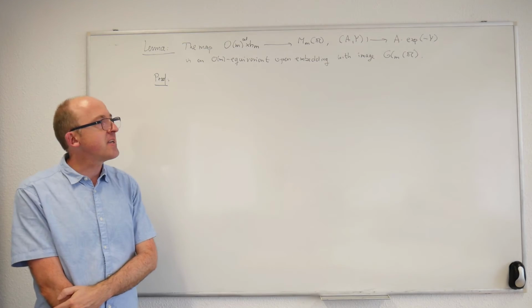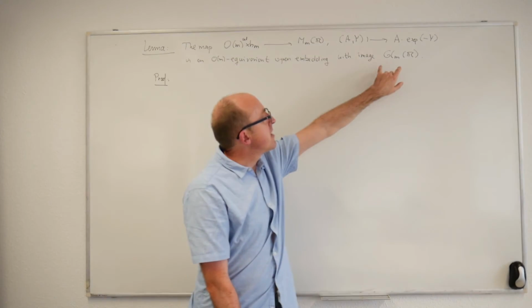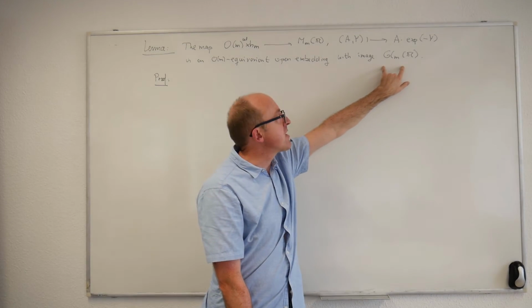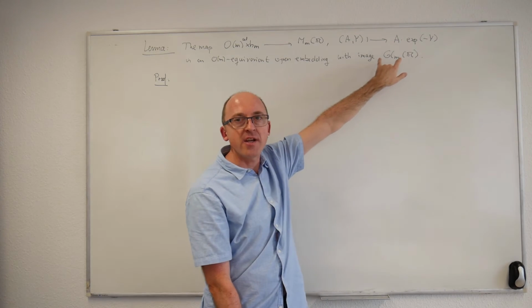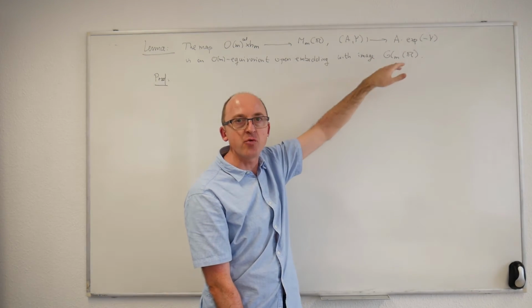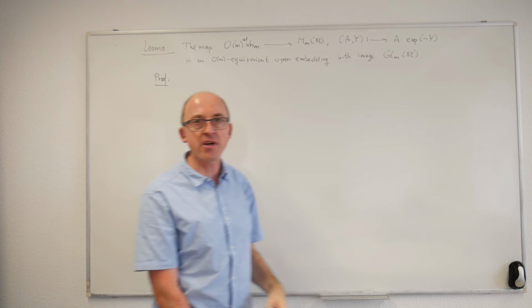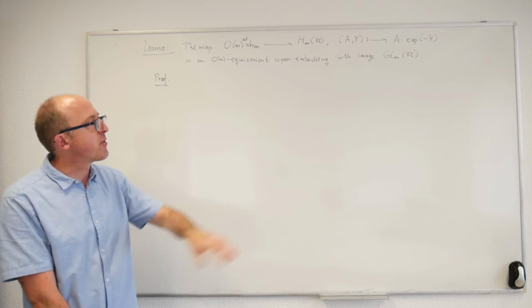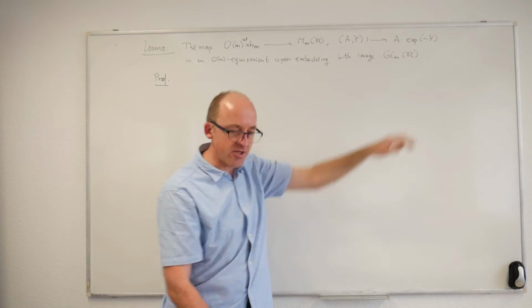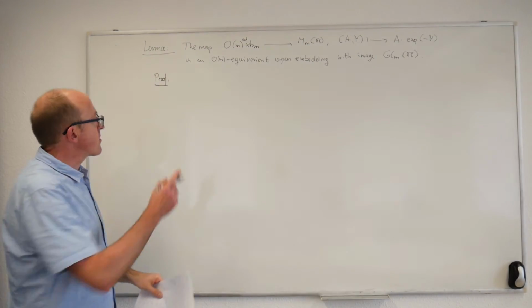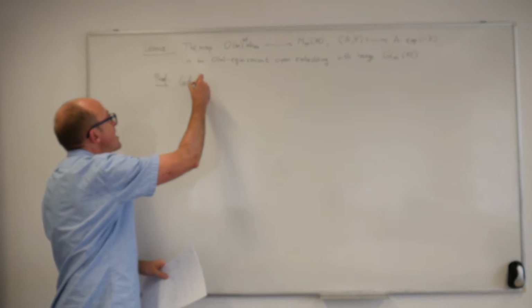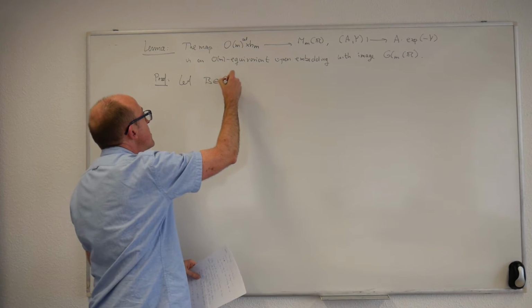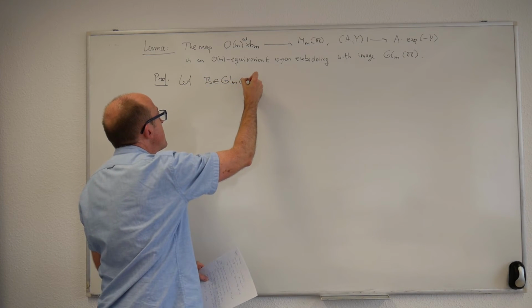What I want to explain in detail is why every element in the general linear group can be written as a product in this way, and if you look at it a little bit more carefully, this will even prove that it can uniquely be written as a product in this way. So I will basically verify that this map is surjective with image what I've claimed it is, the general linear group. So let's consider any invertible matrix B in GL_m(R).